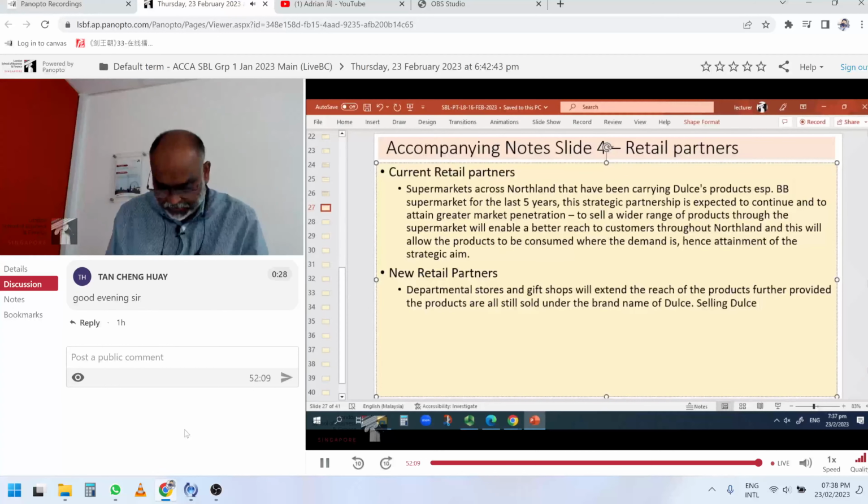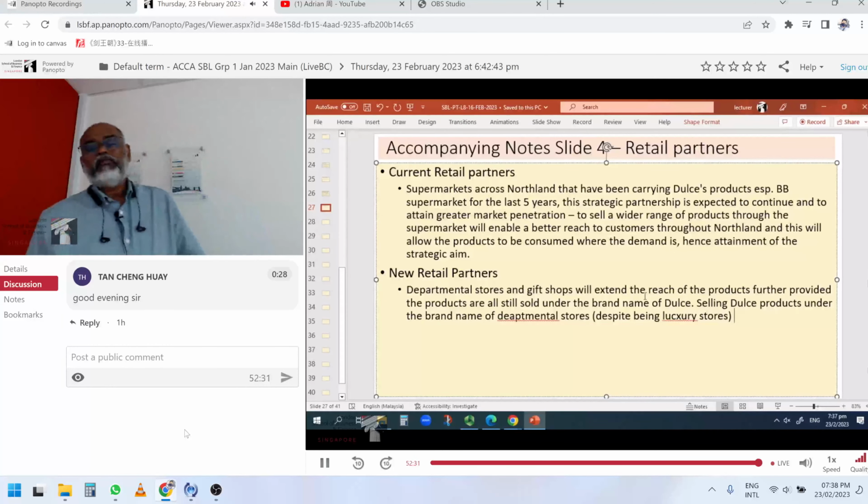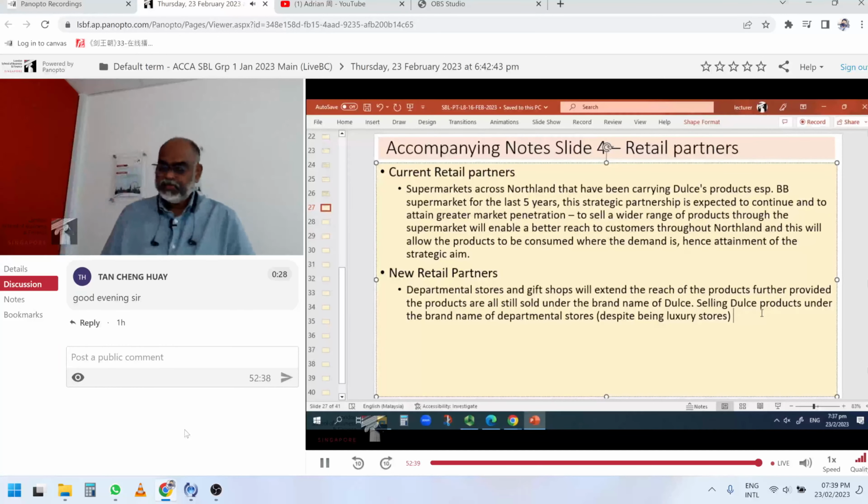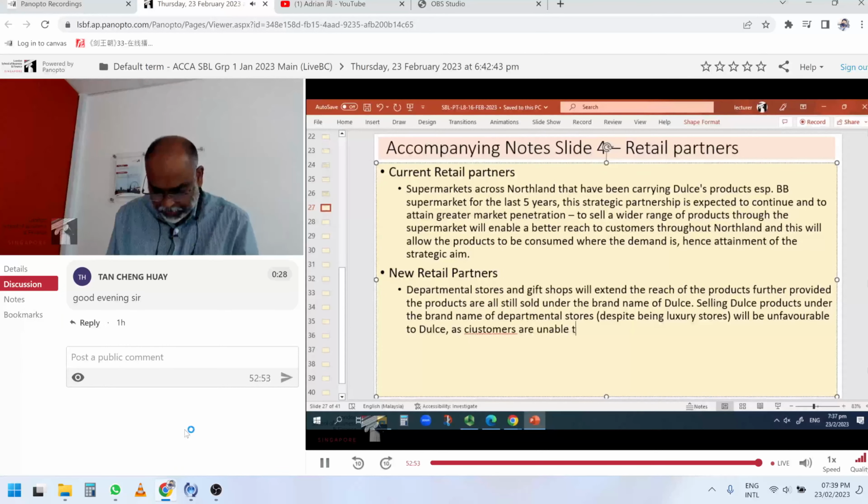Selling Dulce products under the brand name of departmental stores, despite being luxury stores, right, will be unfavorable to Dulce, as customers are unable to identify products as Dulce's.